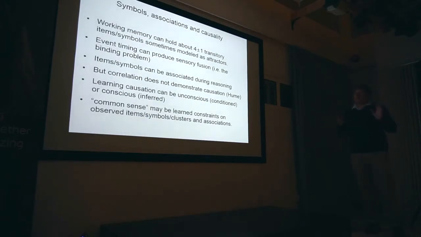Okay, so if you have figured out how to label the data, you know what to attend to, then what do you do with it? How do you do reasoning? Working memory, there's debate on this, but it's about 4 items, and sometimes it's modeled as attractors. You can fuse input from sight and sound. For example, seeing a ball drop.